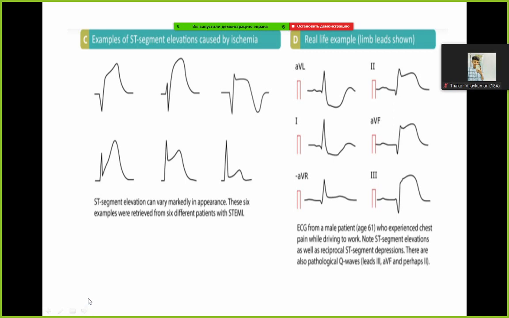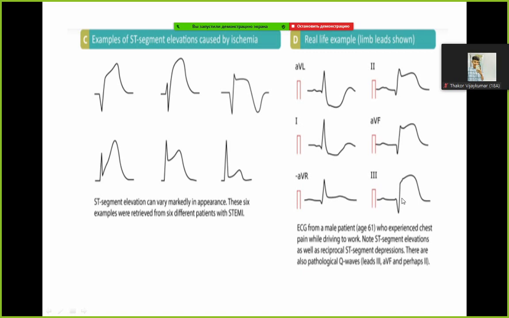This is another example of ST segment elevation caused by ischemia, and a real example of ECG in a patient with STEMI.